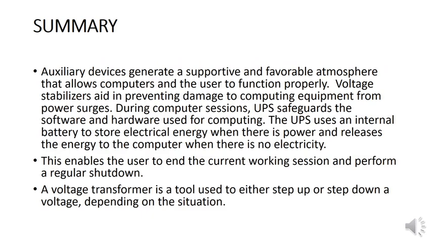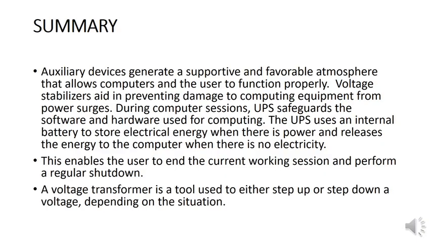If you look at the summary of this course, the summary is saying that auxiliary devices, which are your peripherals, generate a supportive and favorable atmosphere that allows the computer and the user to function properly.